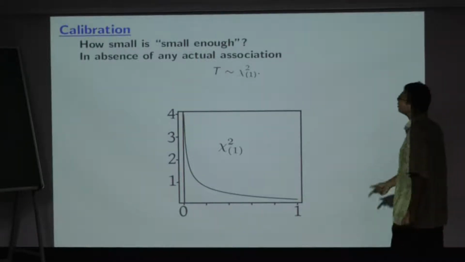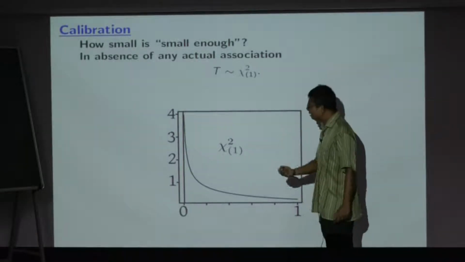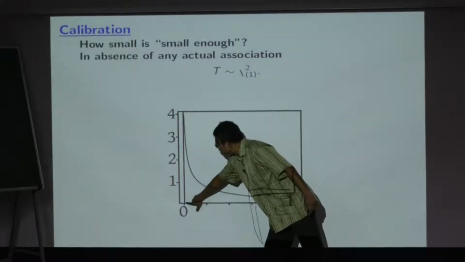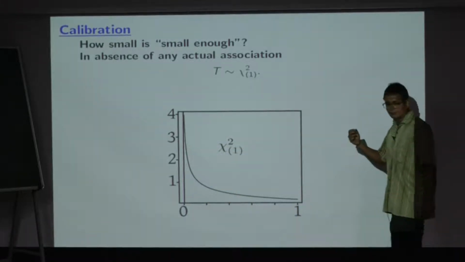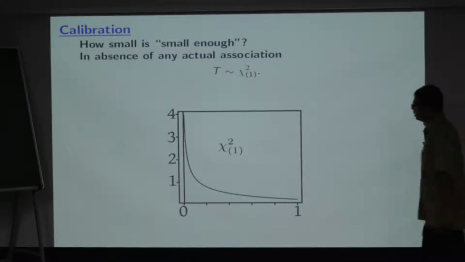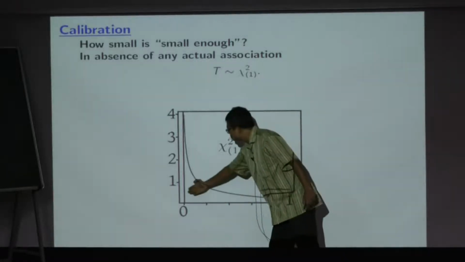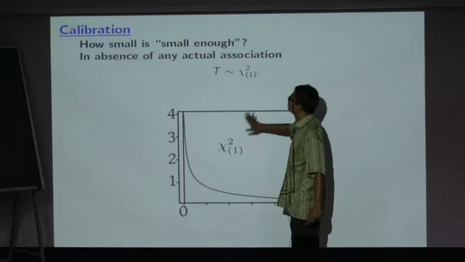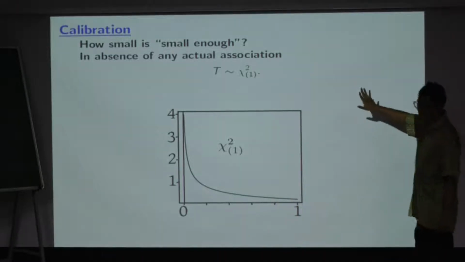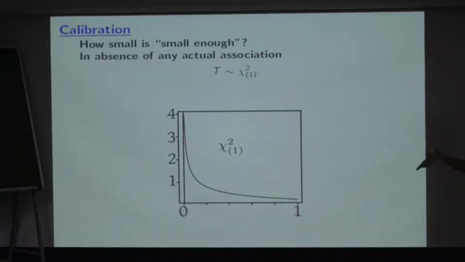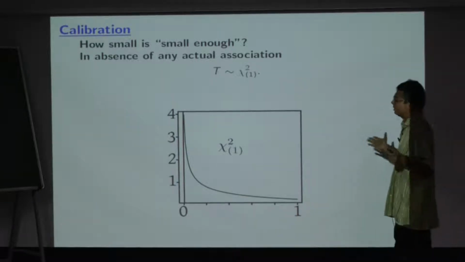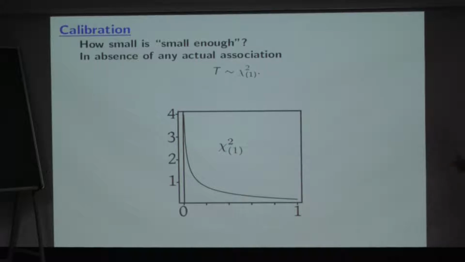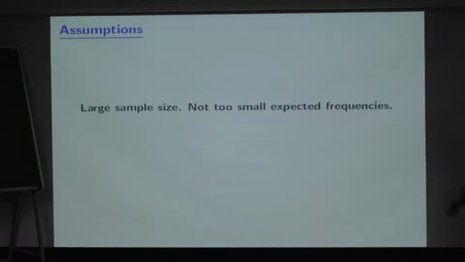You find out the particular value that you get. Suppose I get this particular value. It happens to be 0.04 for the table that I showed. In this case, this value is very much in accord with this chi-square 1 distribution, and you will say that there does not seem to be any significant association between mother and child's finger patterns.